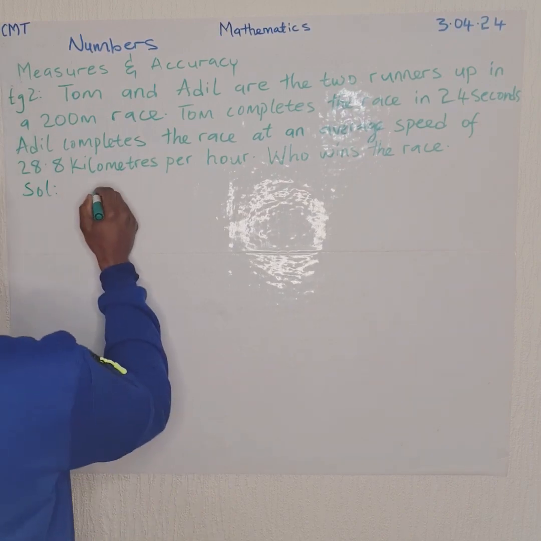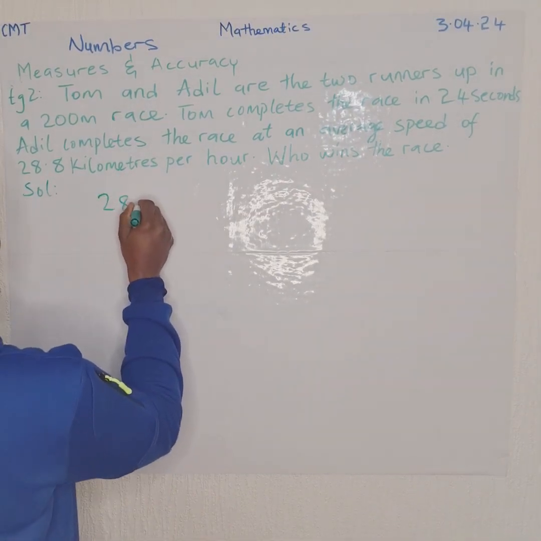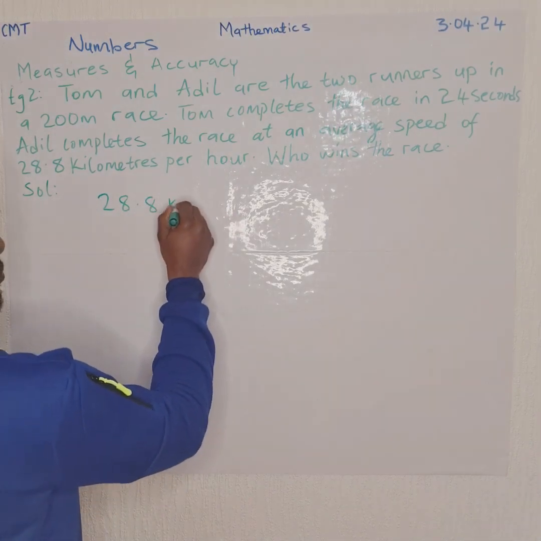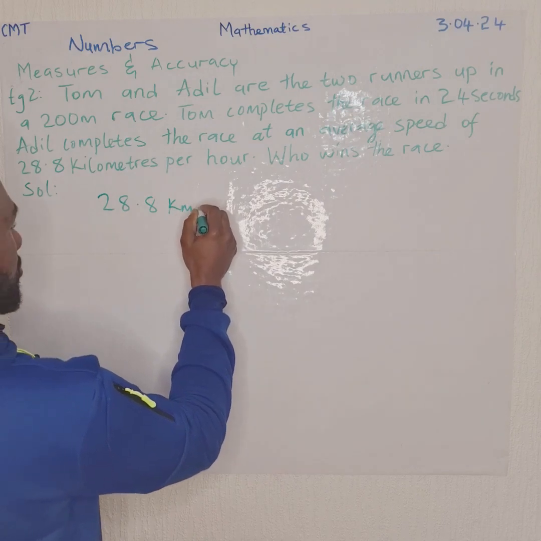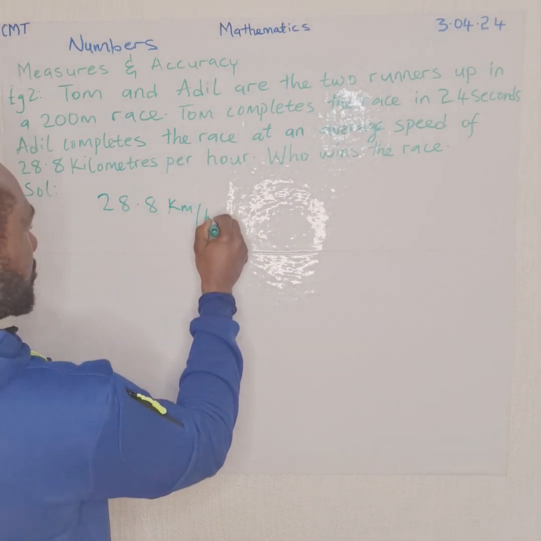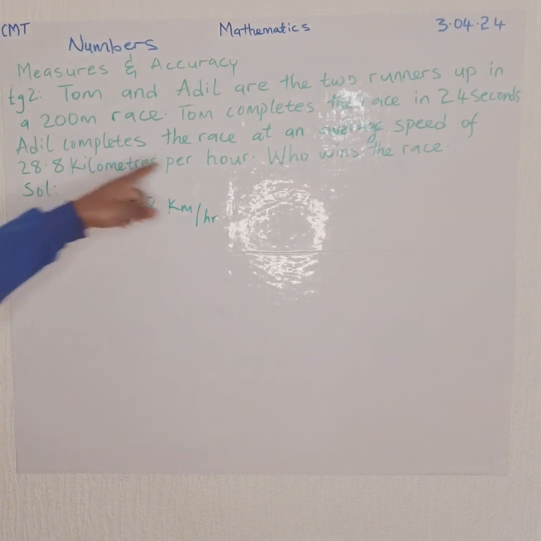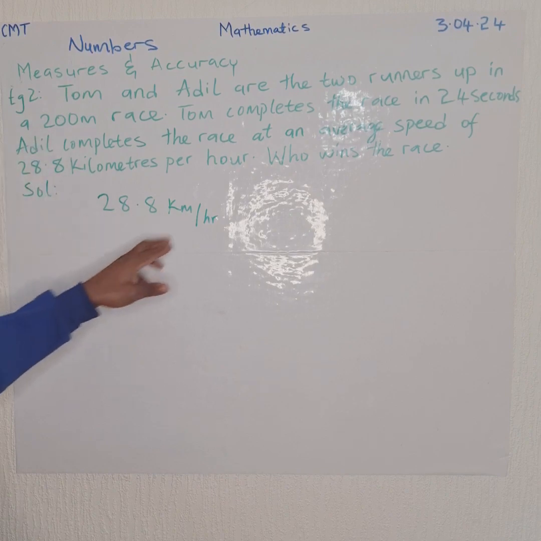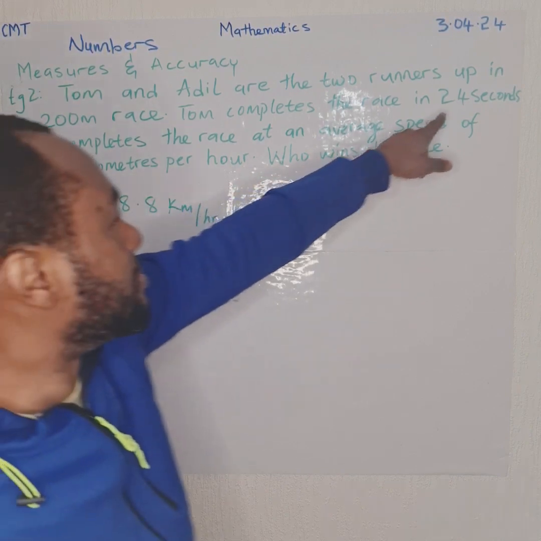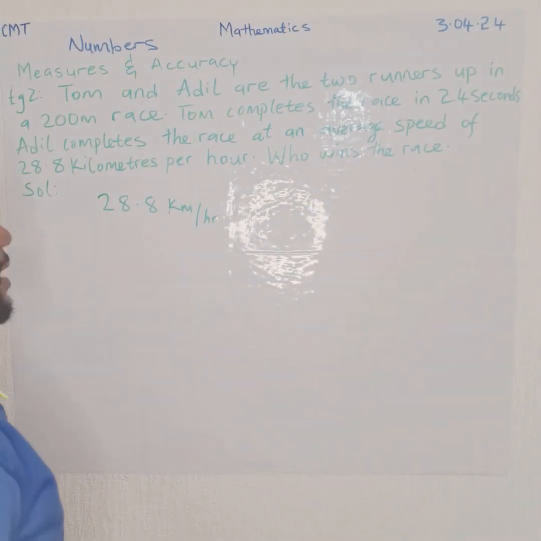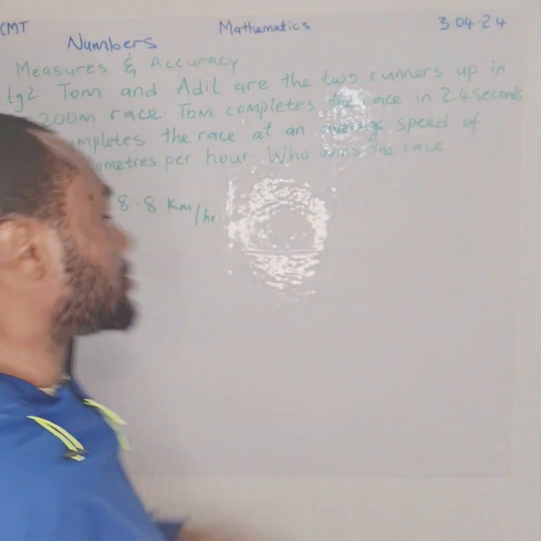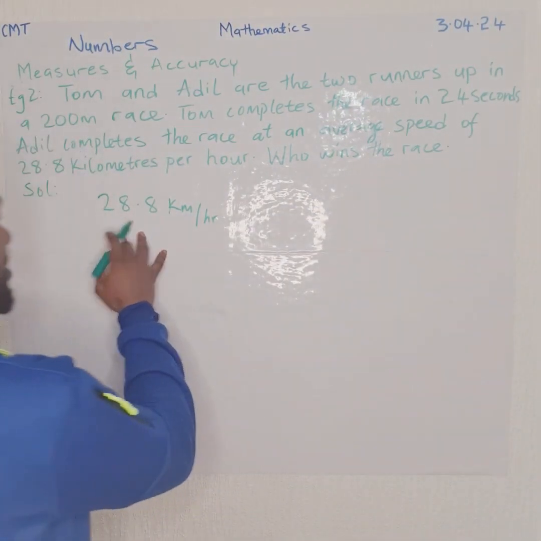Consider 28.8 kilometers per hour. In this kind of problem, all your units must align. This is in kilometers per hour, whereas we are dealing with time in seconds. Either we bring this to meter per second or we take this to hour. I think it's easier to bring this to meter per second.